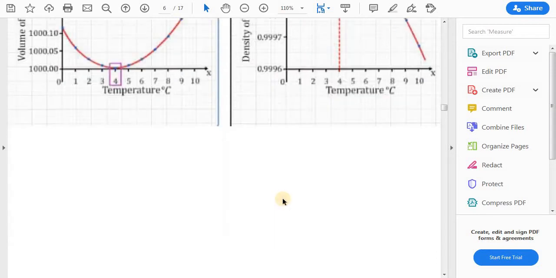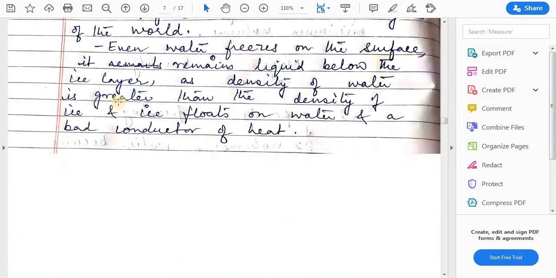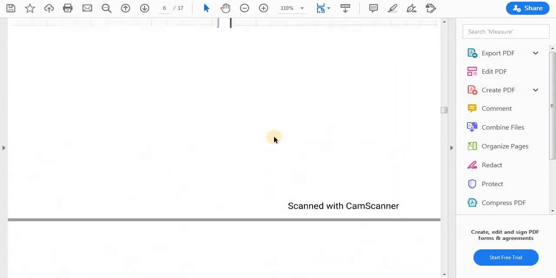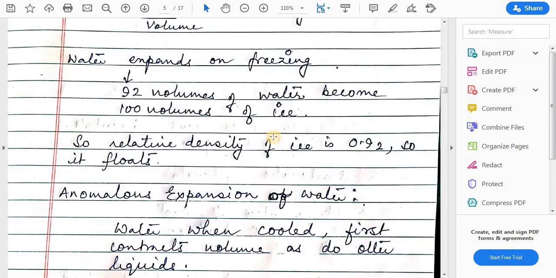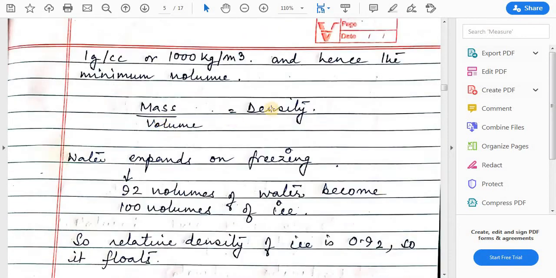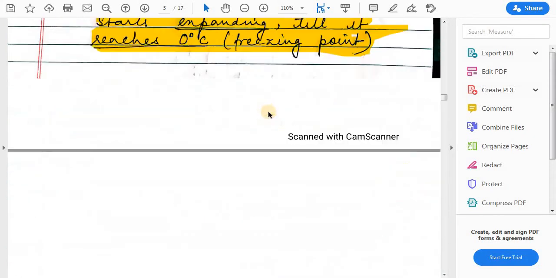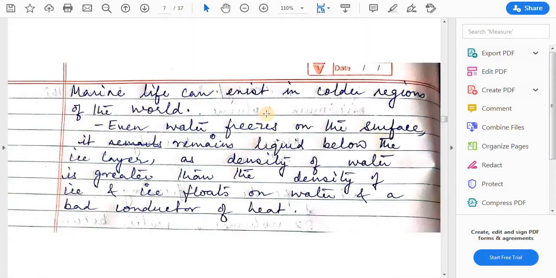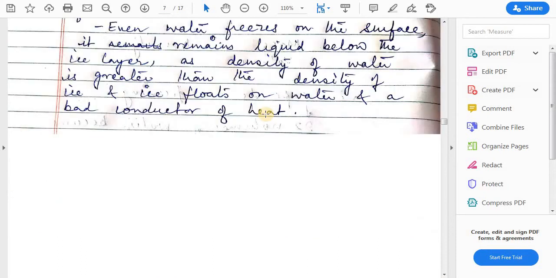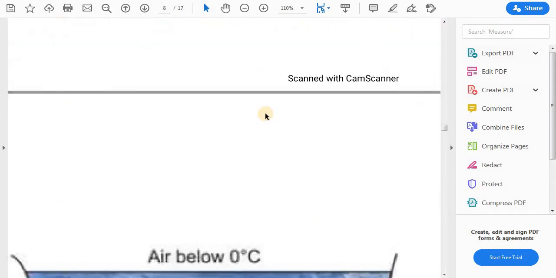So density of water is greater than the density of ice. Hence ice floats on water and it is a bad conductor of heat. We had already shown when the water freezes, it expands. So if volume is more, density is less. So density of water is more than ice. Remember these points very carefully.